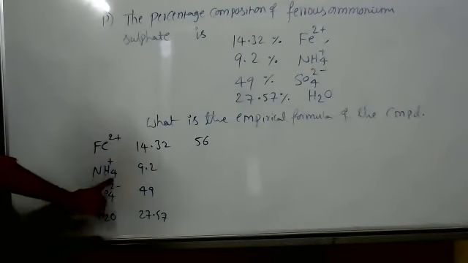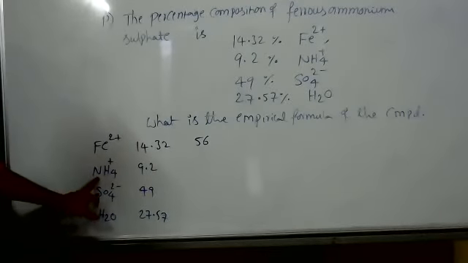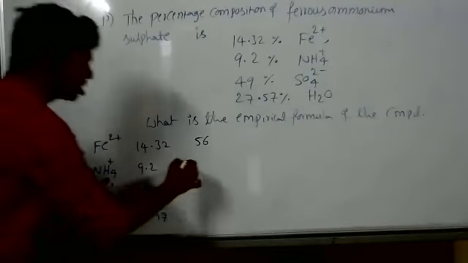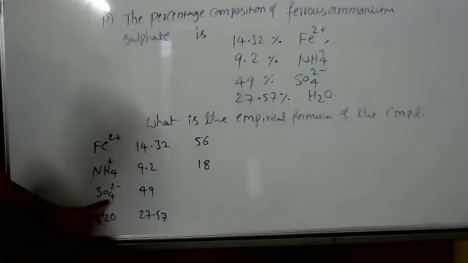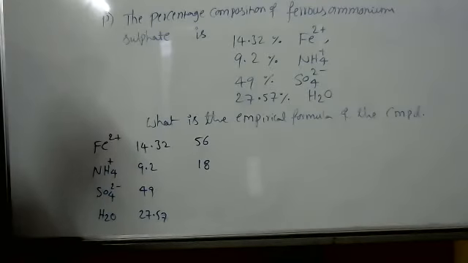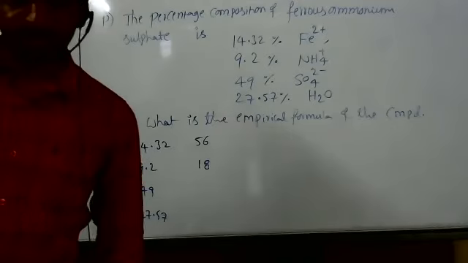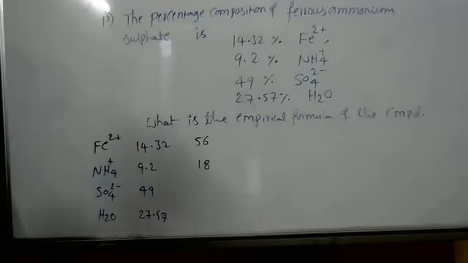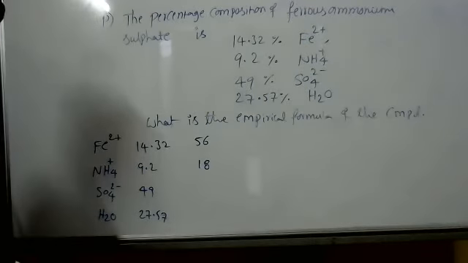Ammonium mass is NH4 plus: nitrogen is 14 plus 4, 18. Sulfate ion: 32 plus 16 into 4, 32 plus 64, 96, right?